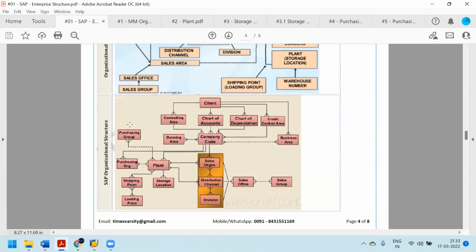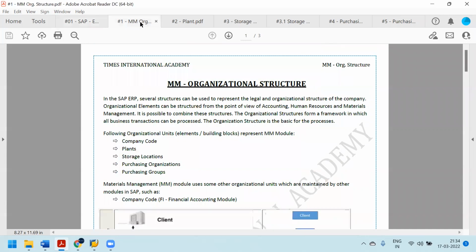Now today we are discussing the MM organizational structure. Here you can see plant, storage location, purchasing organization, and purchasing group. Let's try to understand first what the MM organizational structure is and then its organizational units.